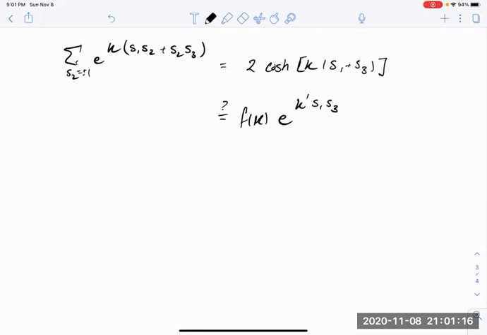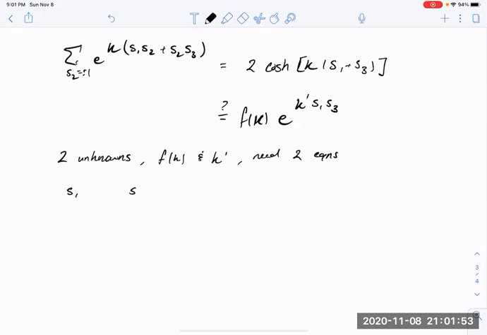Well, let's see. So we have essentially two unknowns, f of K and K prime. We're going to need two equations. So let's think about making a table.